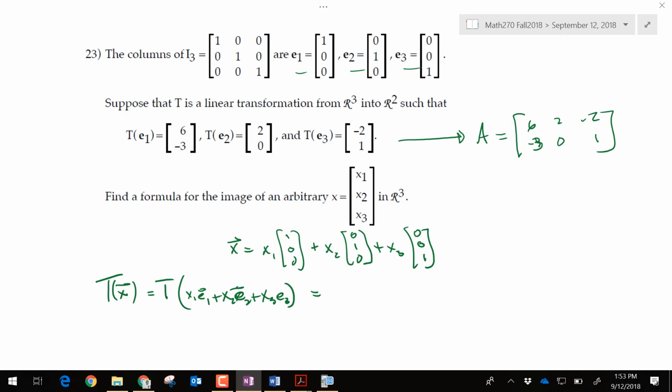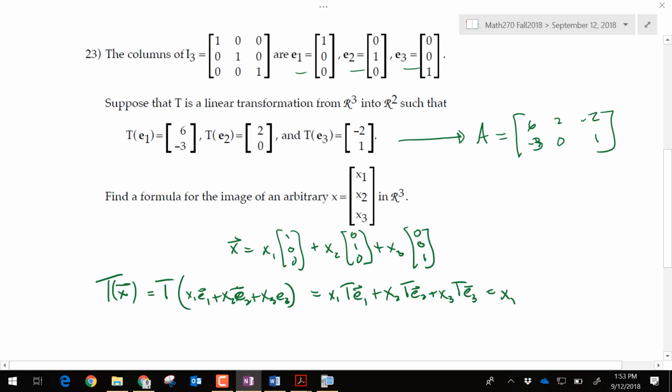We can split them up, and with scalar multiplication we can take the scalars outside. So we have x1 TE1 plus x2 TE2 plus x3 TE3. Then you can just find out what TE1, TE2, and TE3 are.